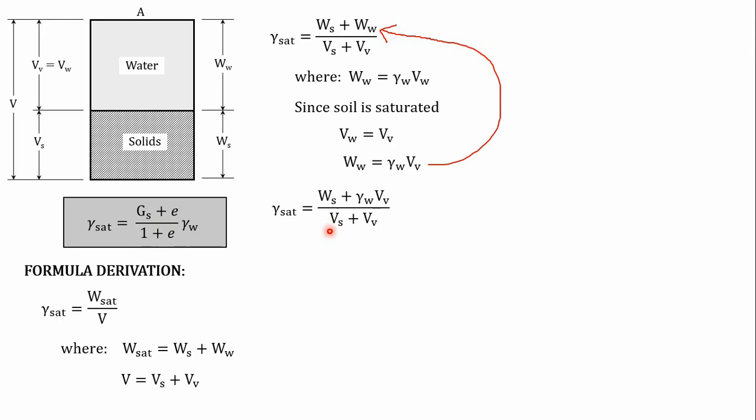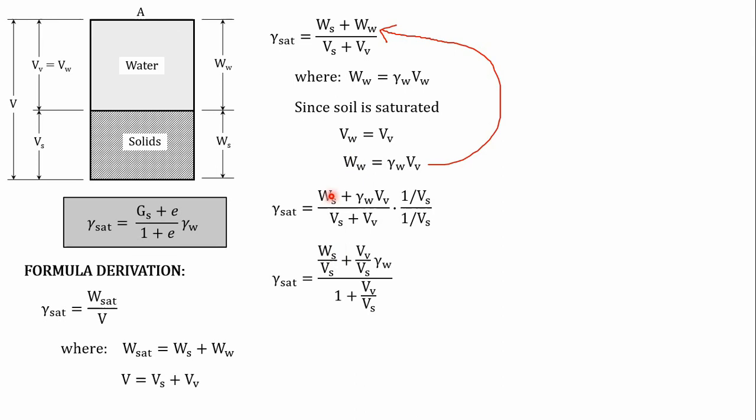Ang gawin natin is mag-multiply lang tayo ulit ng 1 over Vs in both numerator and denominator. So, we come up to this equation. Saturated unit weight is equal to the weight of solids divided by volume of solids.